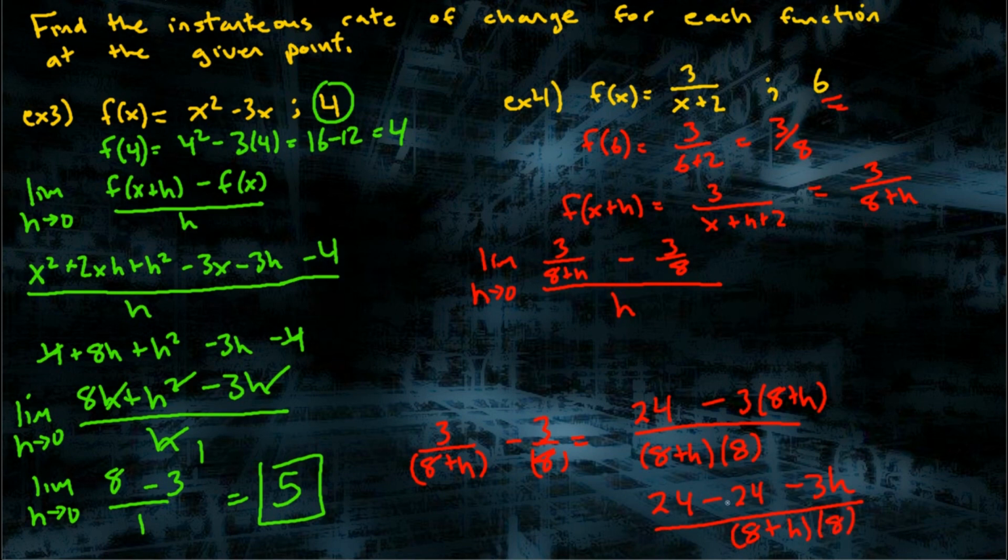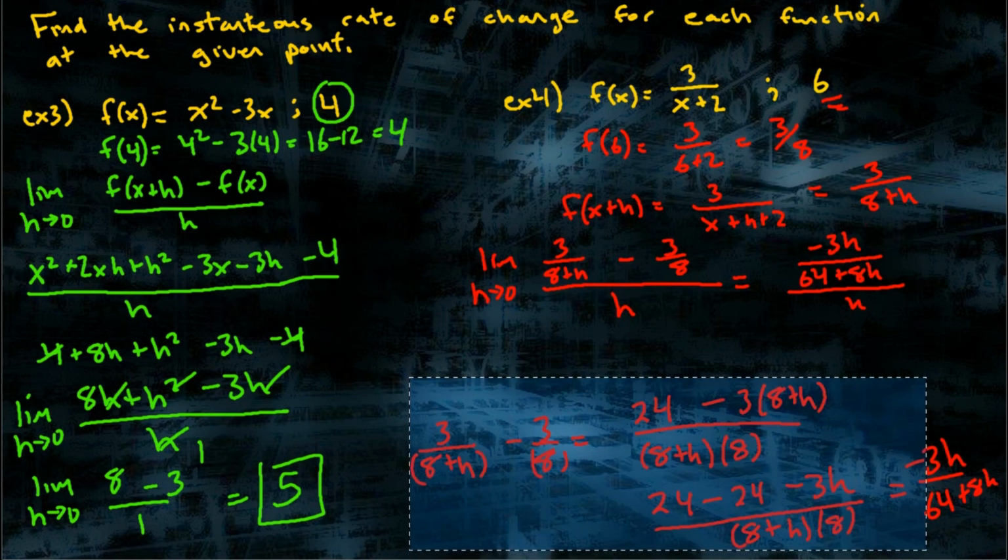And the 24's cancel, leaving me with negative 3h all over basically 64 plus 8h. Okay, so that's this numerator. Okay, and I'll go ahead and delete this portion down here, so that is out of the way.